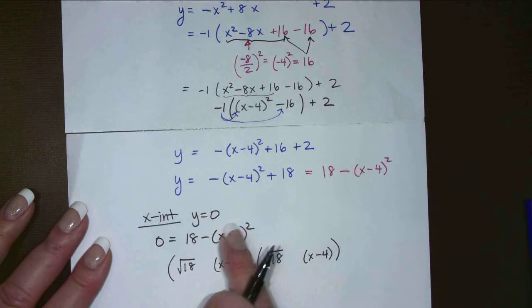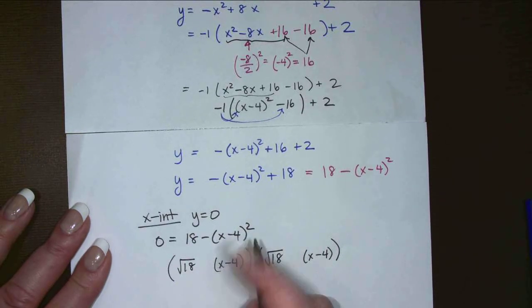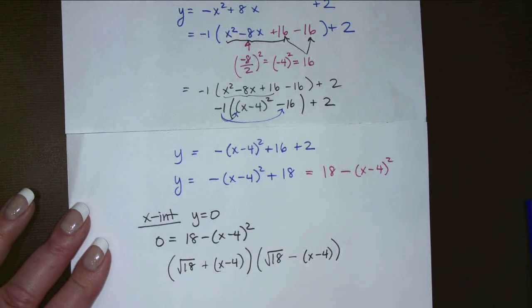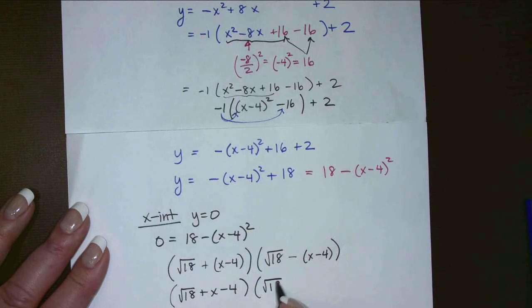And the square root of that. And then what do we put in between? 1 plus, 1 minus. This is kind of weird. But I'm going to do it, this would be minus x plus 4. Do you see it?